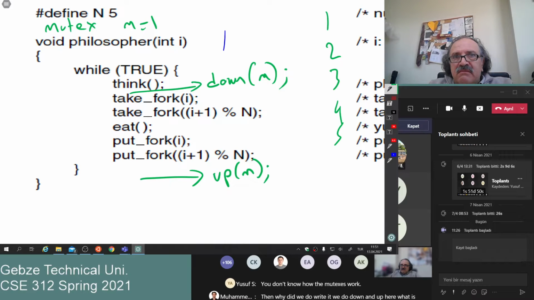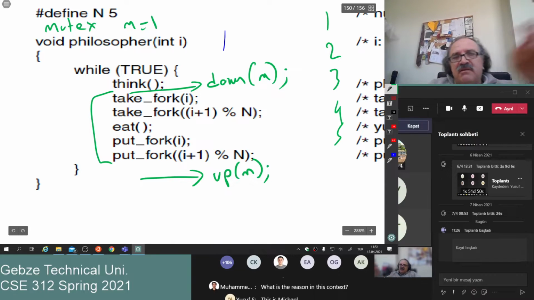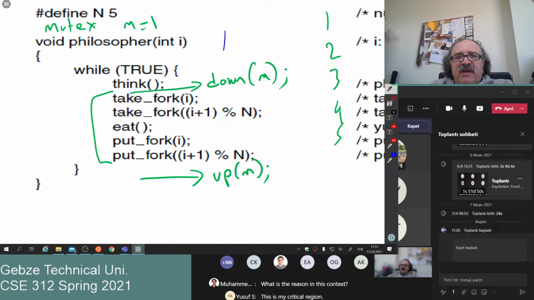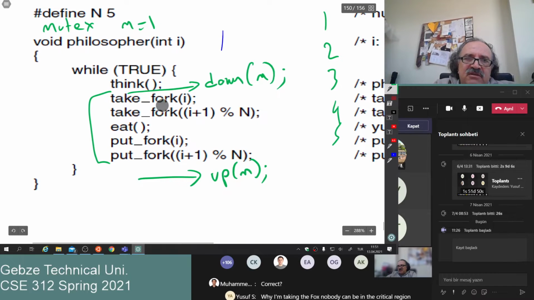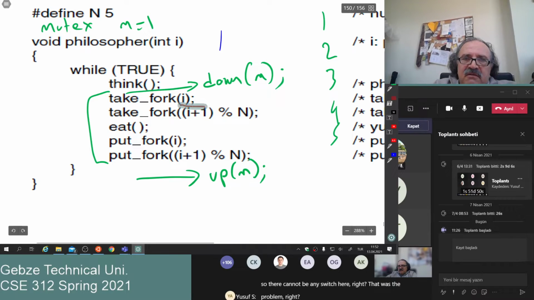What is the reason in this context? This is my critical region. If I am in the critical region while I am taking the forks, nobody else can be in the critical region, so there cannot be any switch here. That was the problem, right? So I prevented it. Did I solve the problem?